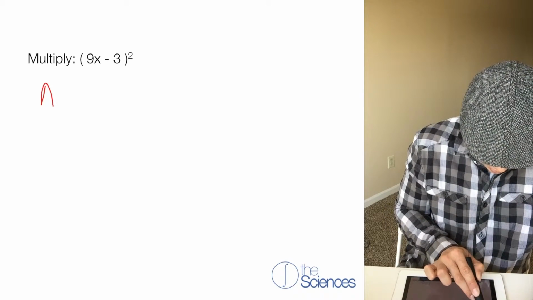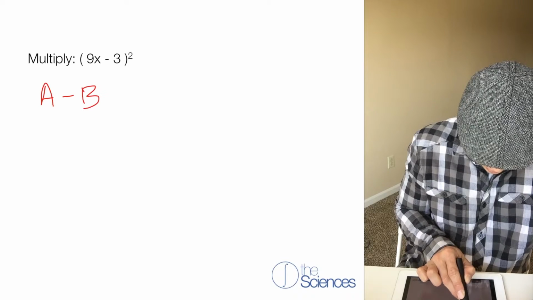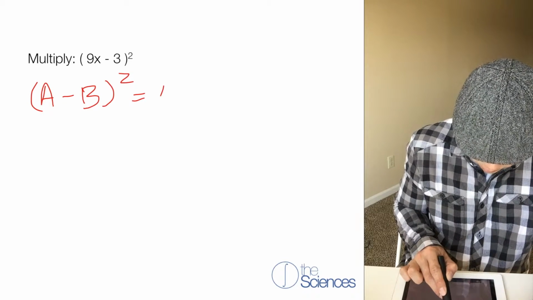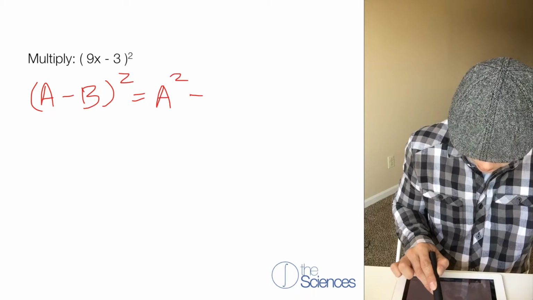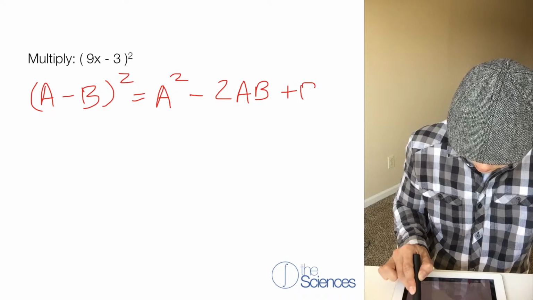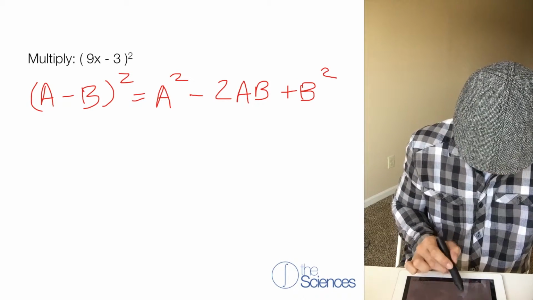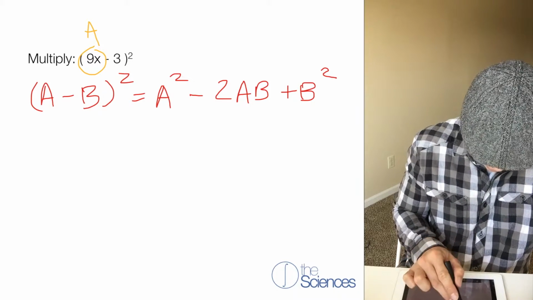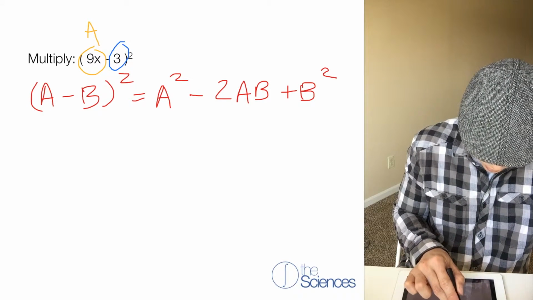So we know that a minus b squared equals a squared minus 2ab plus b squared. So here is our a, and then negative 3, and our 3 is our b.